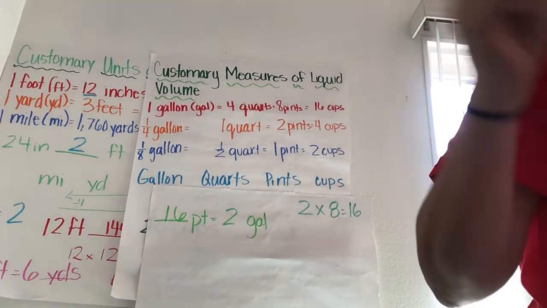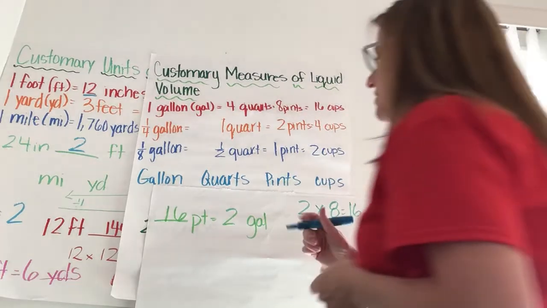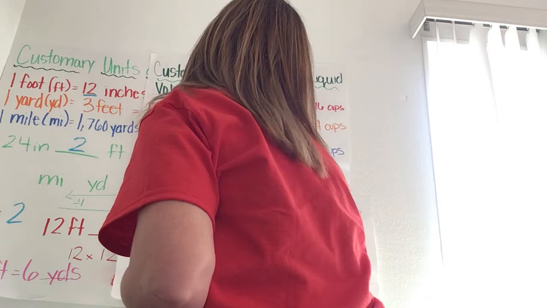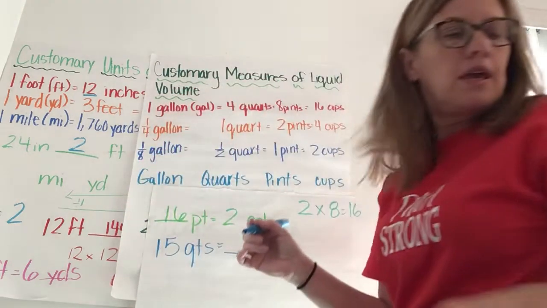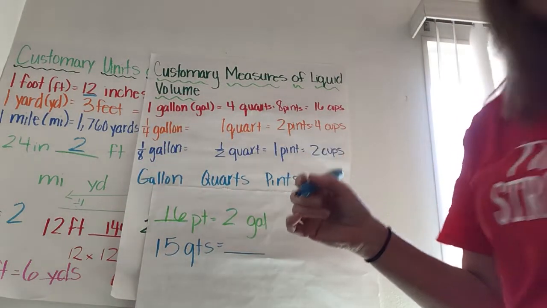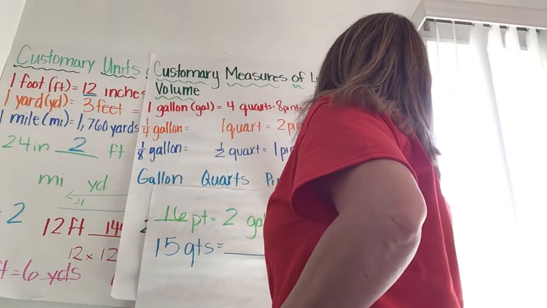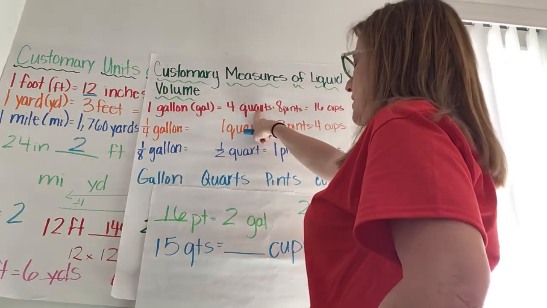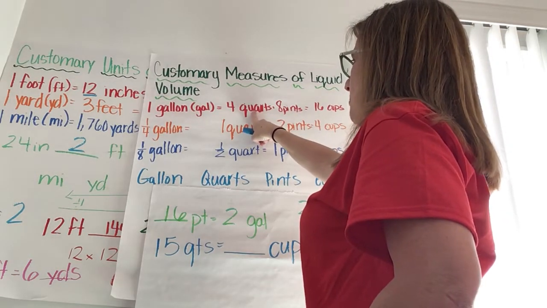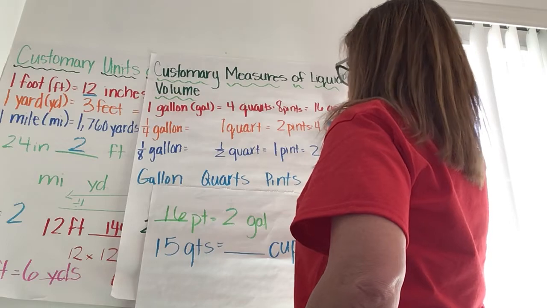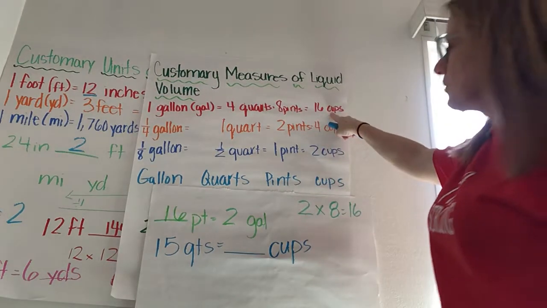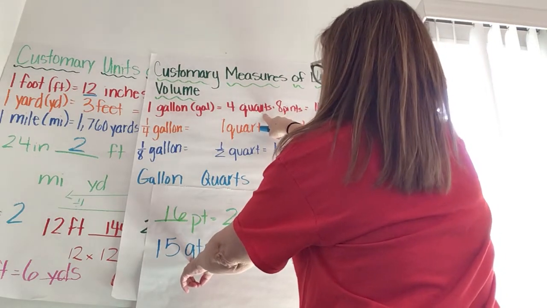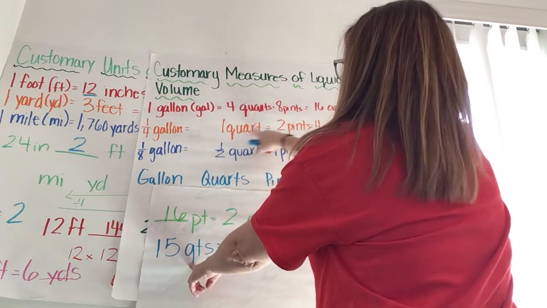How about 15 quarts equals blank cups. So I'm going from my quarts right here, from big to small. There's 1 quart and 4 cups.